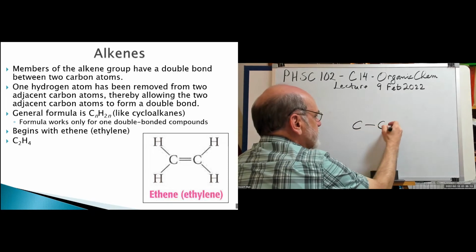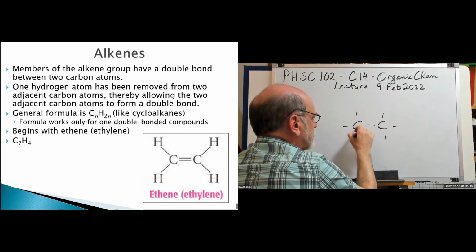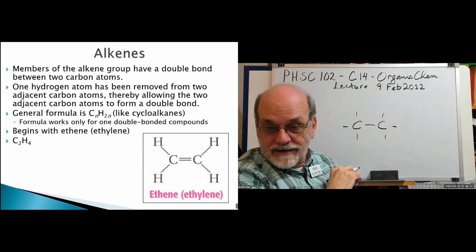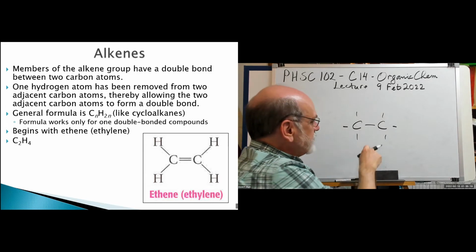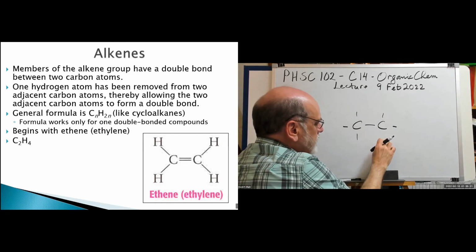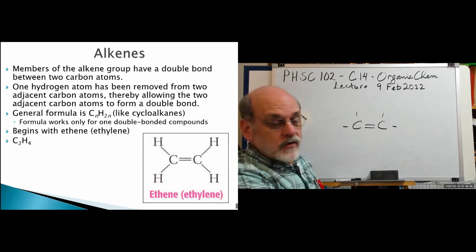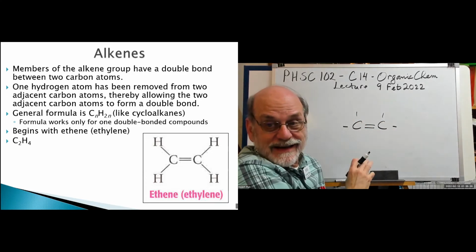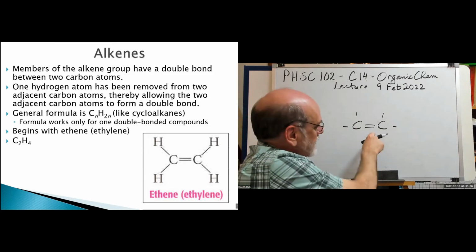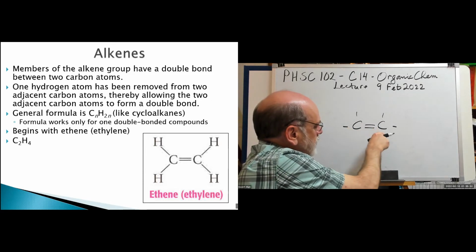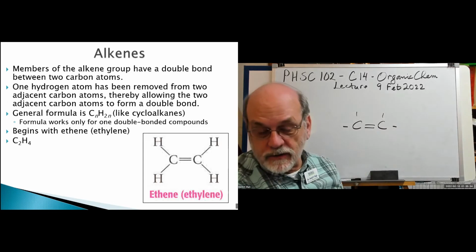If you start with this, right, as our ethane, and you want to form a double bond, you've got to get rid of these 2. Right? So now you only have 4 hydrogens instead of 6. And you've got 4 bonds to the carbon, 4 bonds to the carbon, 1 each to the hydrogen.